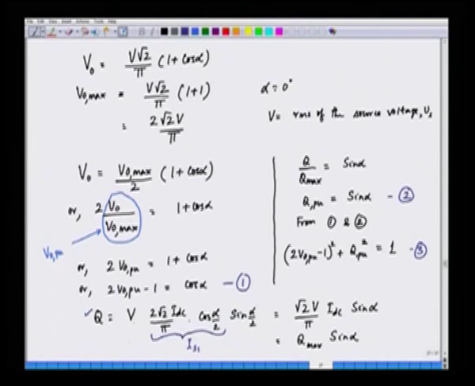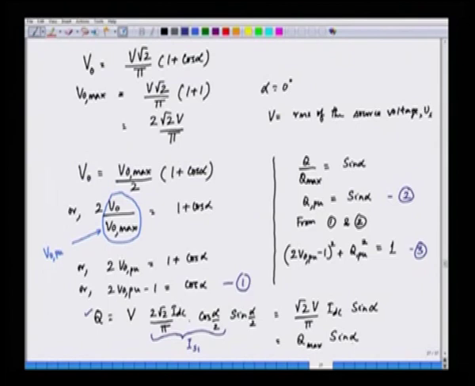So, if we want to find out the reactive power, we have to take the sine of the angle between the voltage and current. So, that is what we obtain here, and if we simplify this, what we obtain here is an expression as a function of sine alpha, and we can write that Q equal to Q max into sine alpha.